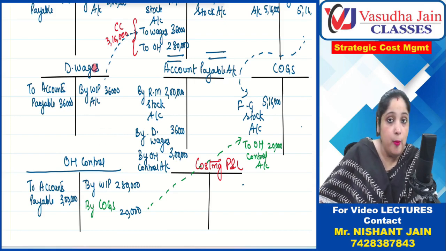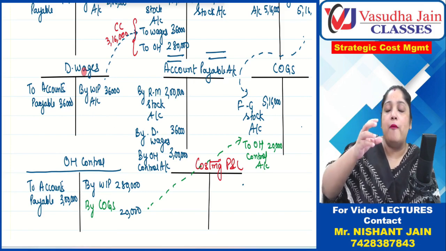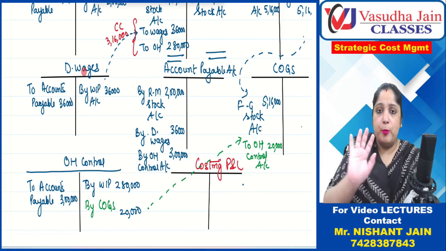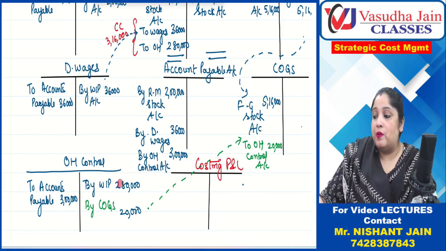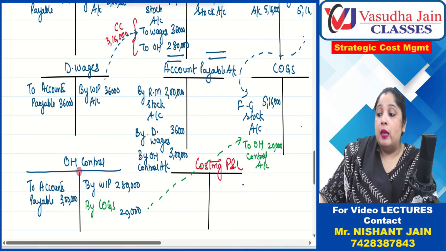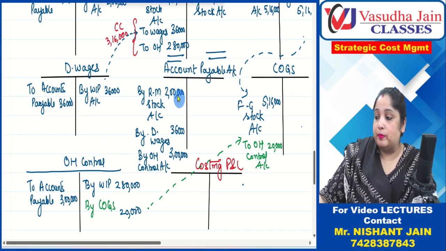In your book they have done this because backflush accounting has the purpose of reducing entries. They do not want to make so many accounts, but it's optional. You can make direct wages and overheads, and instead of transferring here, directly transfer to finished goods account, or make one conversion cost account. Okay, and then accounts payable and then COGS.